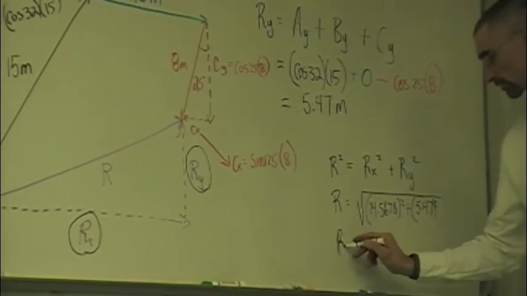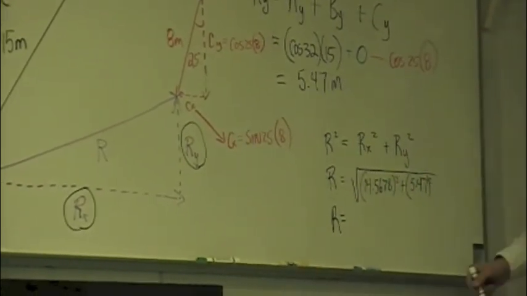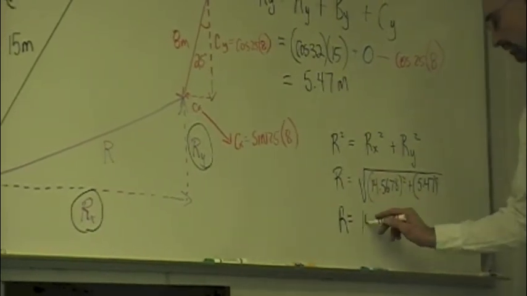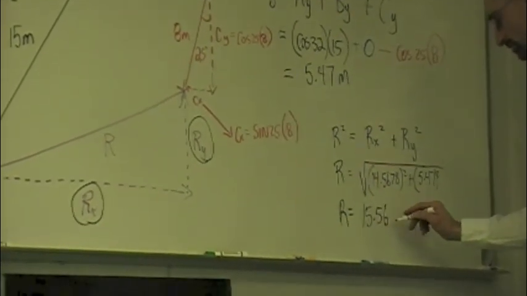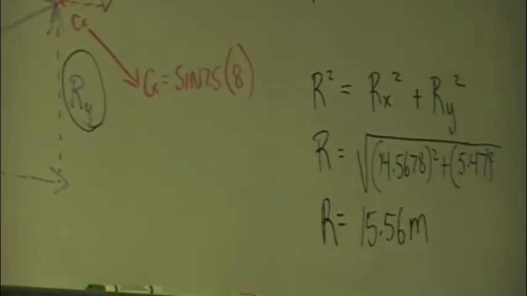And we can find our resultant vector to be, I'll let you guys work that, 15.56. 15.56 meters.